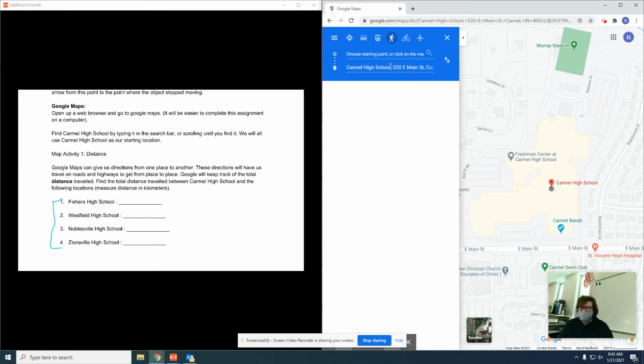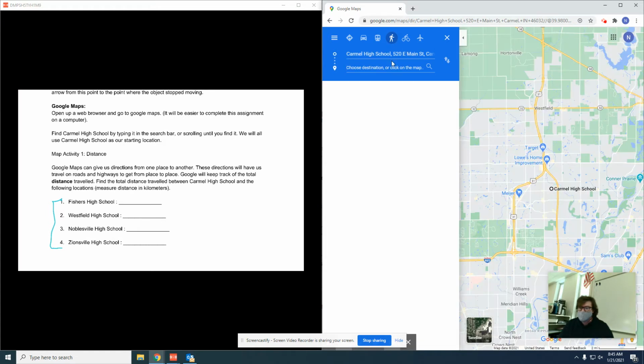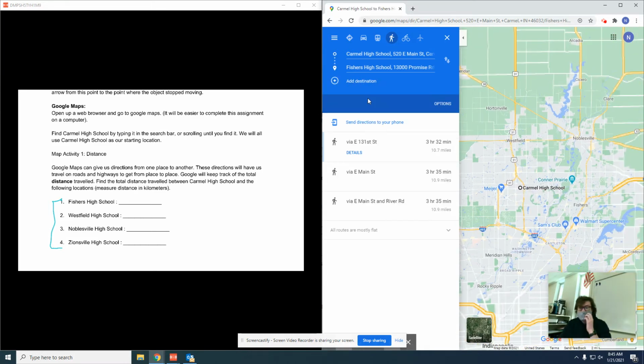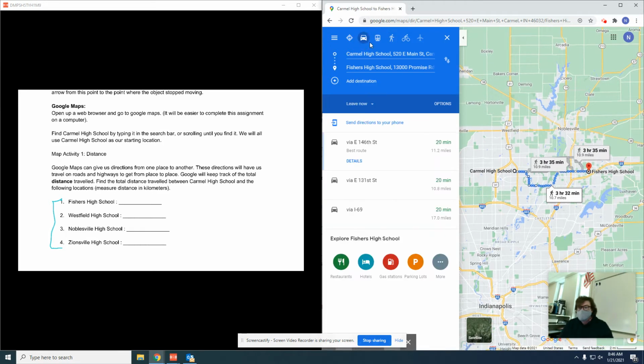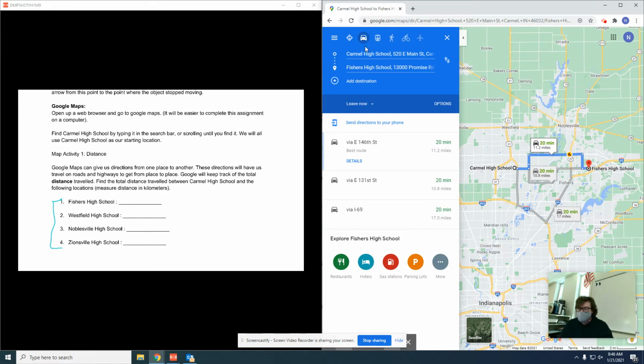So right now it says Carmel is my final destination. So I'm just going to hit this reverse button, and now Carmel is my starting point, and I can choose my final destination. I want to know how far Fishers High School is from Carmel High School. We're just going to look at the driving directions, so you can click on driving up here. We'll look at some other stuff a little bit later.